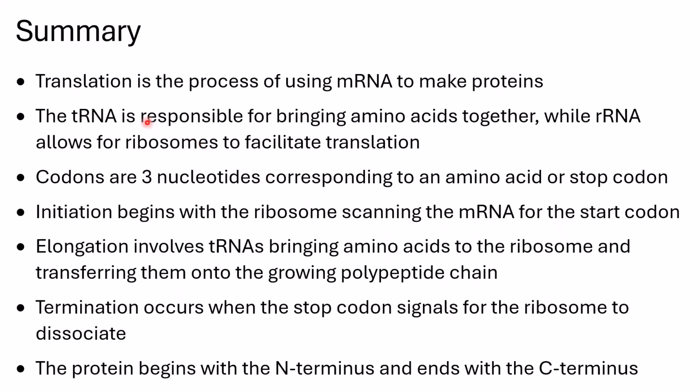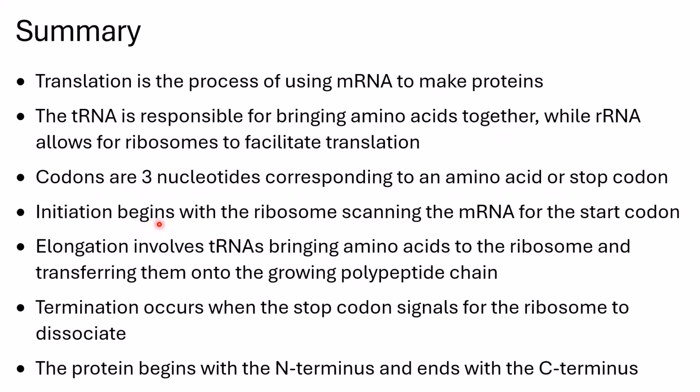In this video, we learned that translation is the process of using mRNA to make proteins. The tRNA is responsible for recognizing the mRNA and bringing amino acids to the ribosome to form a polypeptide chain, while the rRNA is a part of the ribosome that facilitates translation. Codons are a set of 3 nucleotides on the mRNA that correspond to an amino acid or a stop codon.